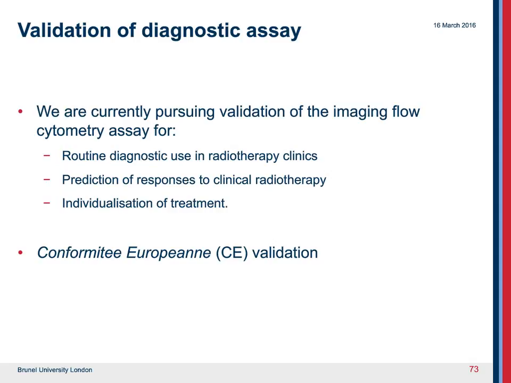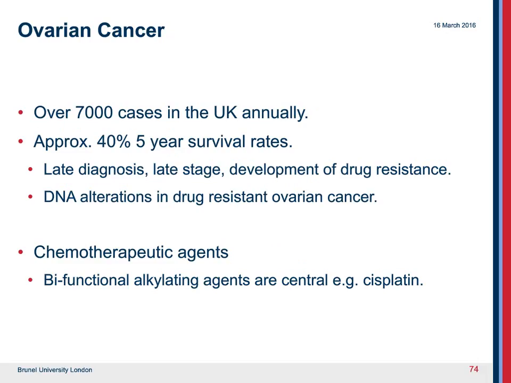Lastly, I'd like to talk a little bit about how we're investigating mechanisms of chemotherapy drug resistance in cancer patients. And we're particularly interested in ovarian cancer, in as much as there's about 7,000 cases in the UK. Survival rates are very low, 5-year, 40% survival rates, which is exacerbated by the fact that it's often diagnosed late, and that these patients develop drug resistance to chemotherapy drugs.